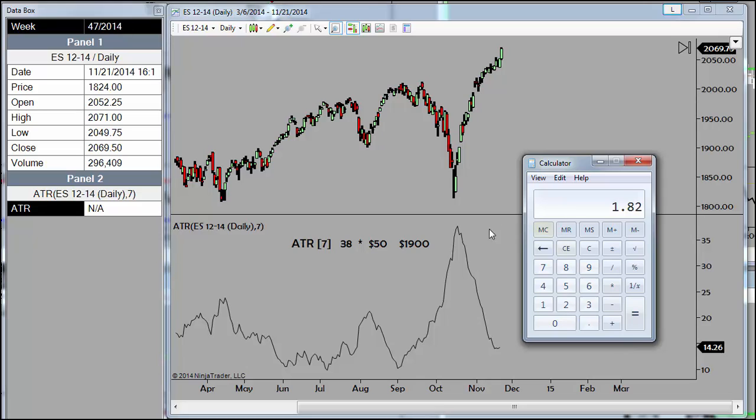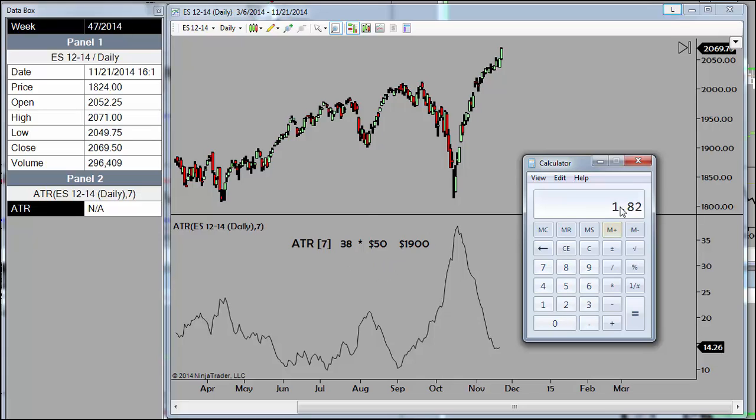So you can see that a 5-point target with this volatility is significantly different than a 5-point target over here. That's the beautiful part about looking at average true ranges and then using a percentage of that for your stop or for a target. The 8%, 13%, 21%, 34% are all based on Fibonacci sequence numbers.